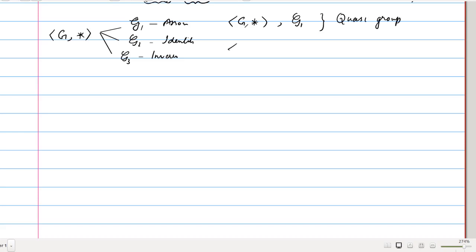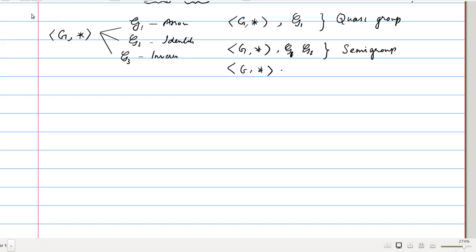This algebraic structure with the first two axioms, a binary structure which satisfies G1 and G2, we call a semi-group.